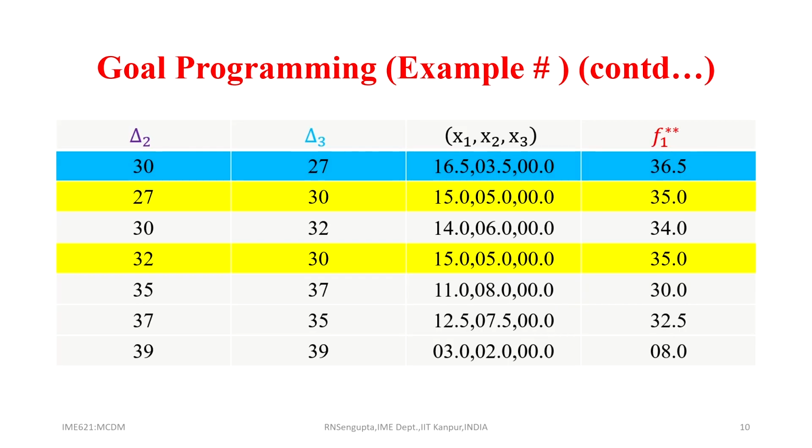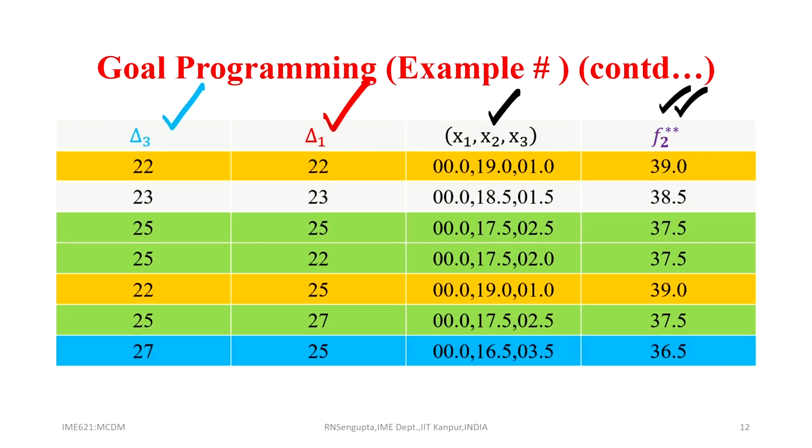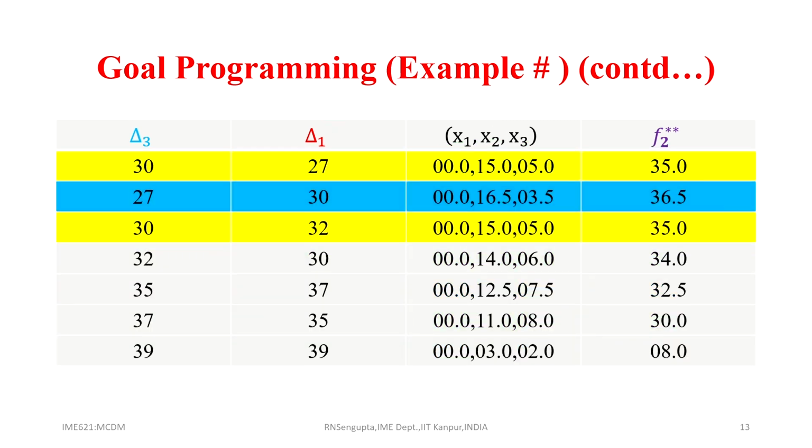Again going back, 1910 here, I will highlight with, say for example, green color, 1910 for 39. Then for 39, when I am interested in F2 double star, it is 0191, where I am circling the decision variables, and 39 is also circled. So, this is the repetition for the other dark yellow, which I am not repeating.